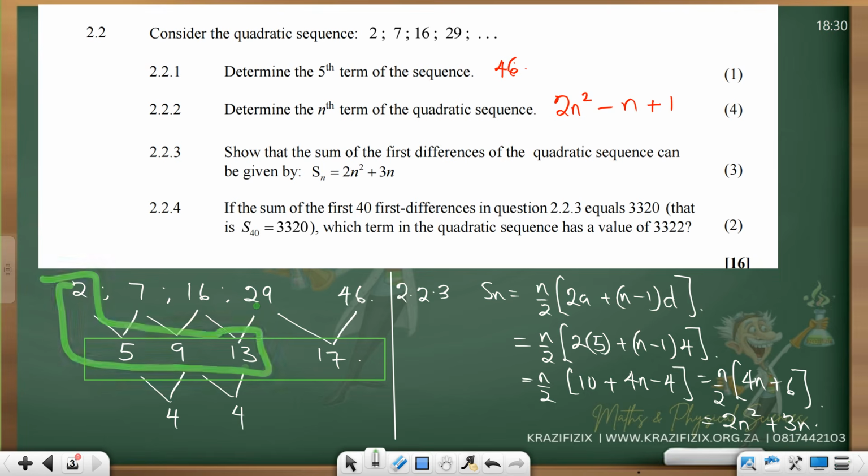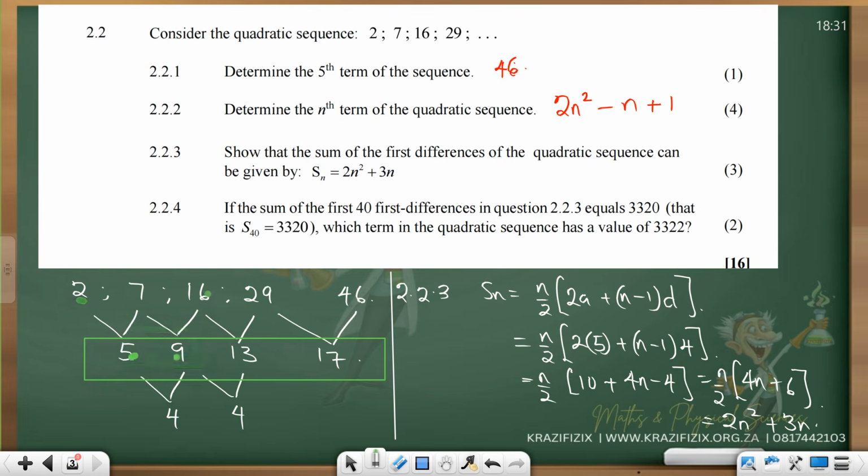I'll go to the next one. So again, 5 plus 9 plus 13, because 2 plus 5 would give you 7. So it's just 2 plus 5 now, which is, wait, so you see it. Where is this 7? It's already 2 and 5. 2 plus 5, which is 7, plus 9 would give me 16.